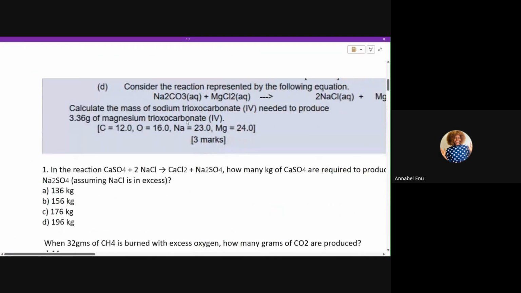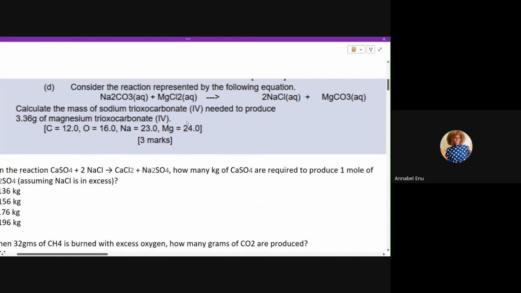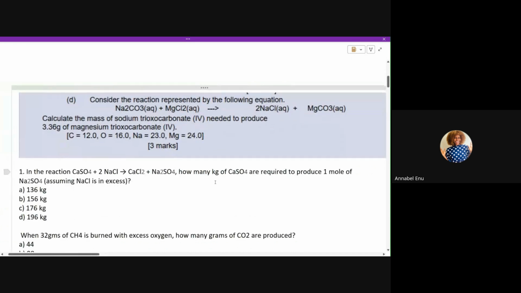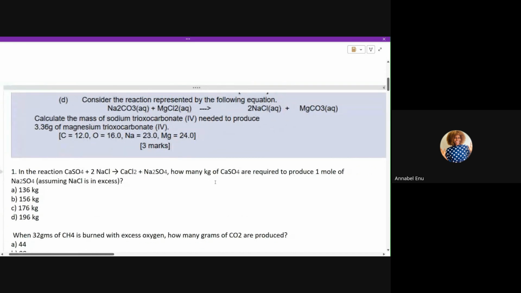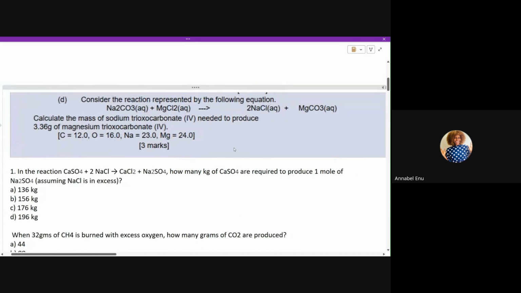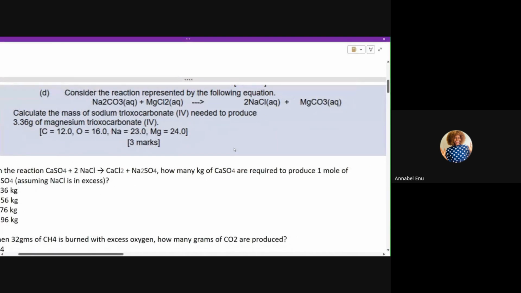So let's answer a few questions. This is a previous WAEC question. Now, this first question at the top, I want the both of you to attempt it and tell me the answer.